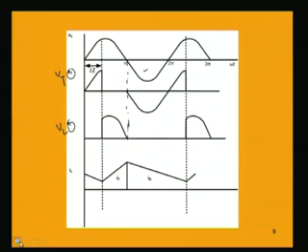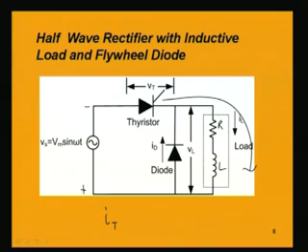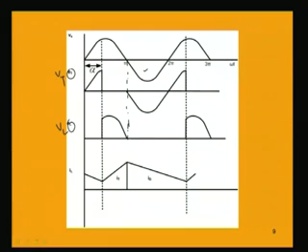So, because of the time constant of this load, the current contributed by the diode in the negative half cycle will be falling exponentially, and in the positive half cycle this is due to the thyristor current which is drawn from the supply, but in this portion the current is due to the bypassing of the current by the diode.